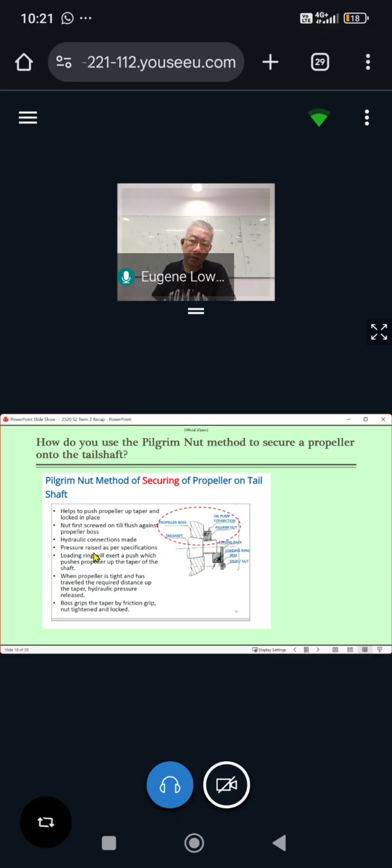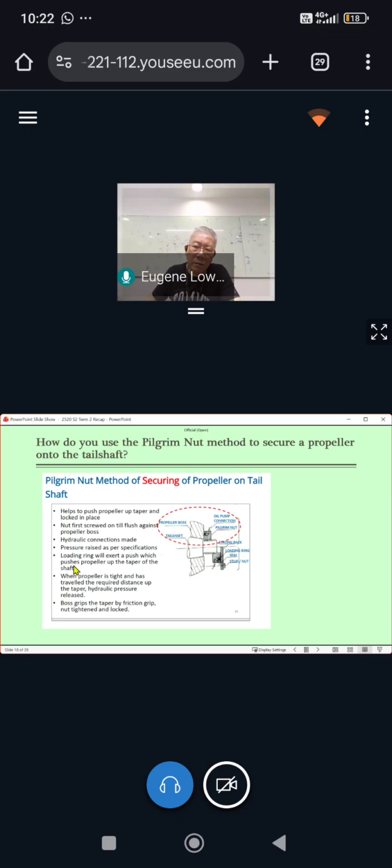And the loading ring, in the face of the pilgrim nut that's resting on the propeller boss, there is a loading ring that is going to protrude out due to hydraulic oil pressure from within, right? So this tendency of the loading ring moving out, the loading ring is going to push onto the propeller, push it to ride up the taper of the tail shaft, right?